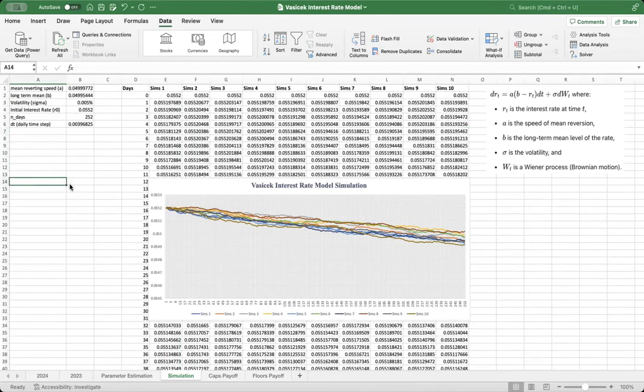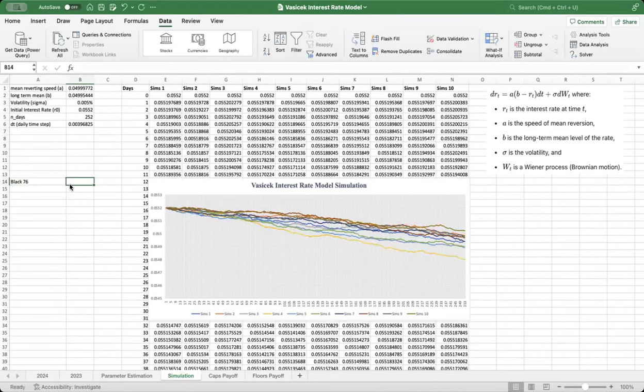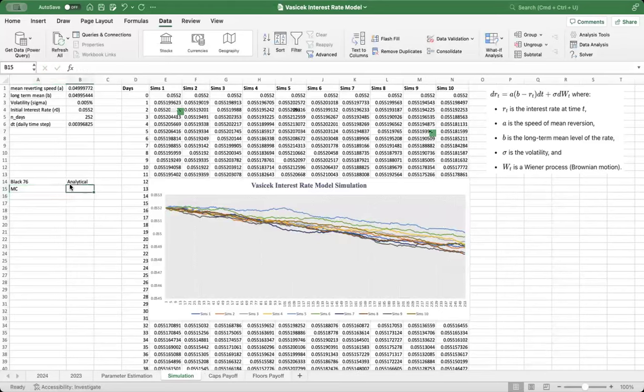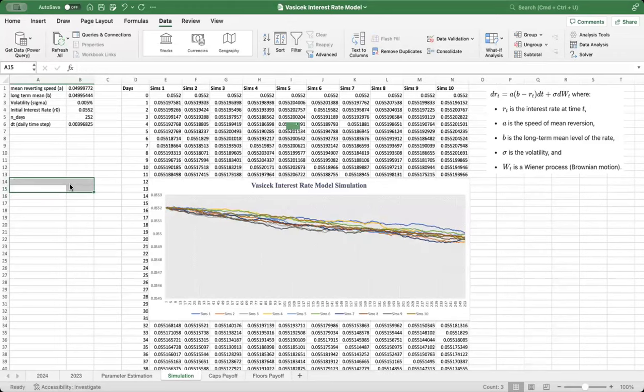This Black 76 model was actually solved using the analytical method. And what we are trying to do is use the Monte Carlo method to solve this Vasicek interest rate model. So these are different approaches, but the idea remains the same, that is, we are trying to forecast the interest rates.